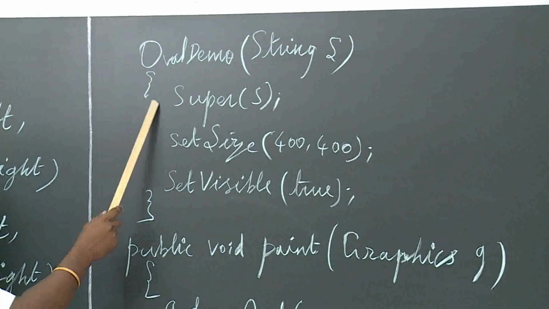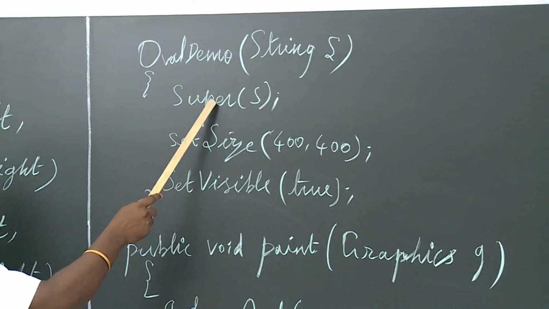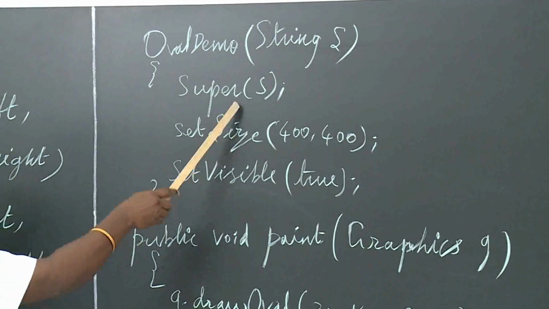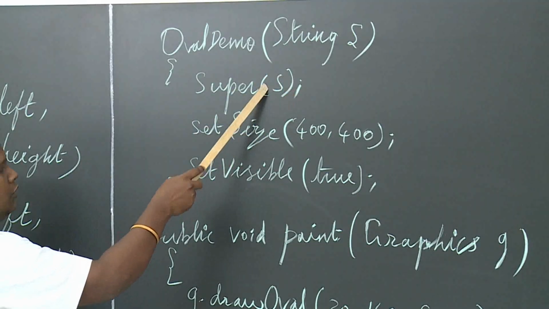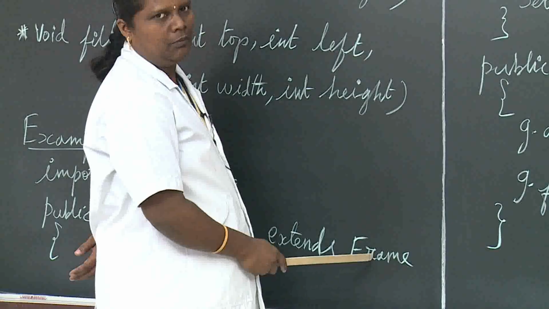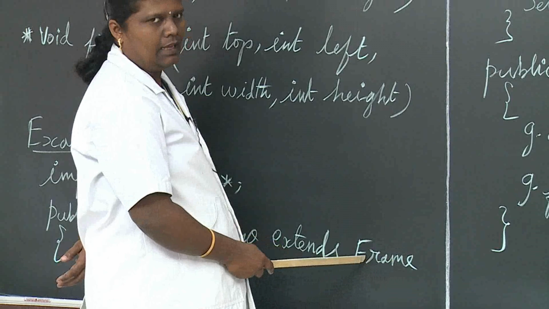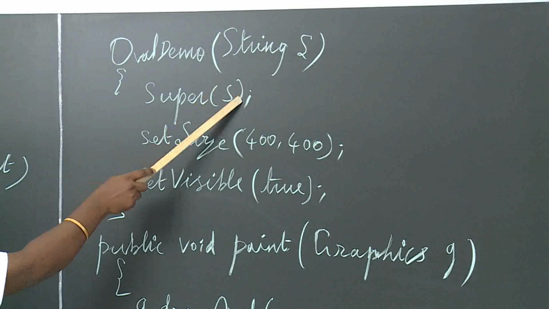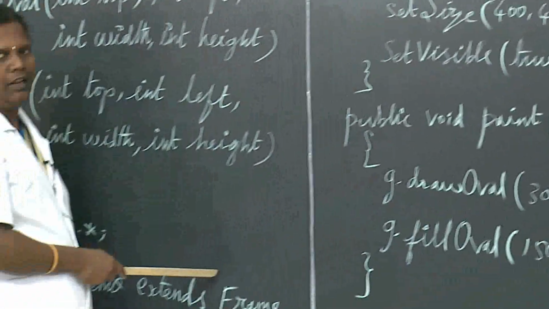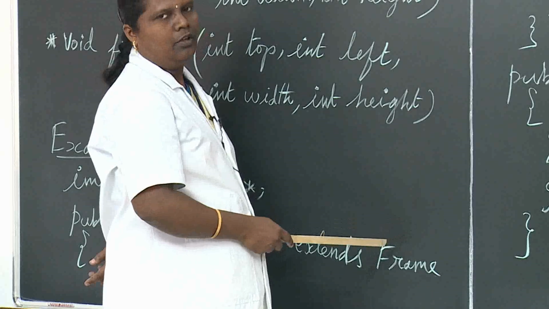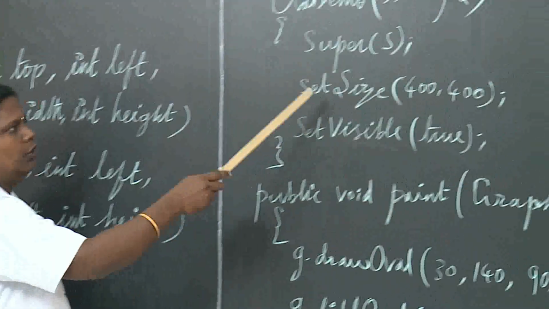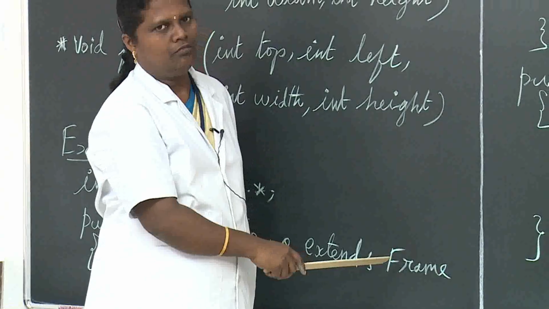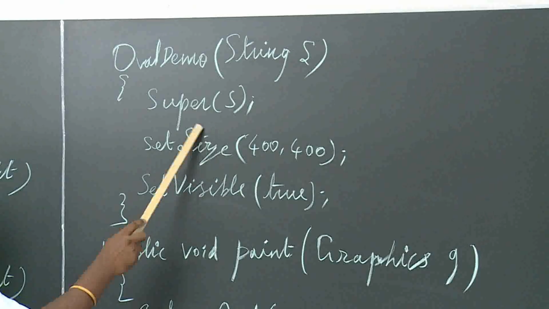It is going to enable the frame with super(s). OvalDemo's super class is Frame, so it passes this parameter s to its super class Frame. When the frame is displayed with its heading, it passes the frame name, and it is going to display it over the frame window. That's why super(s) is passed.